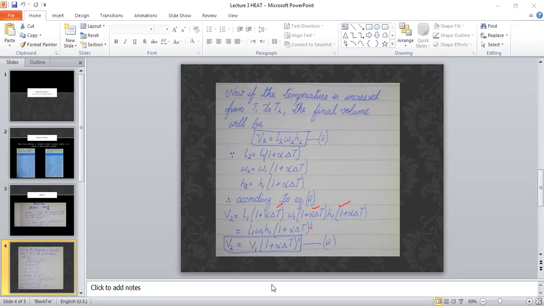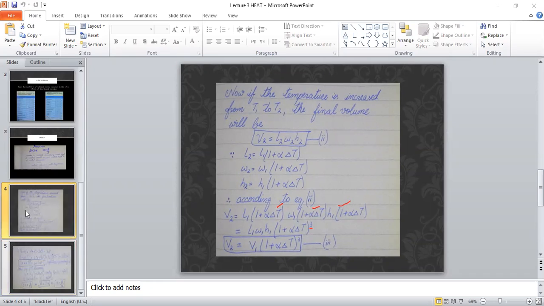So L1, W1, H1 would be taken as V1, and 1 plus alpha delta T whole cube is taken as it is. V2 equals V1 into 1 plus alpha delta T whole cube is our third equation. Mark it and again highlight it in a box.